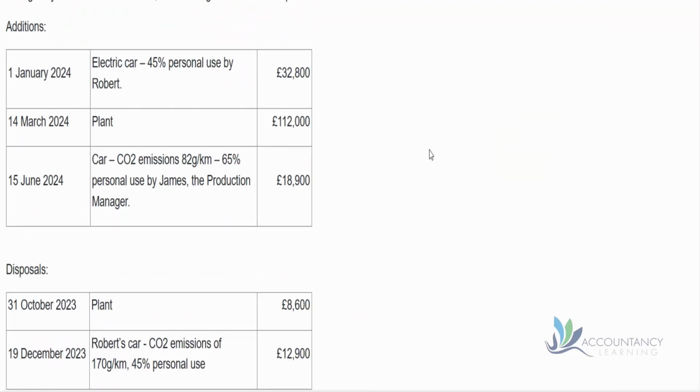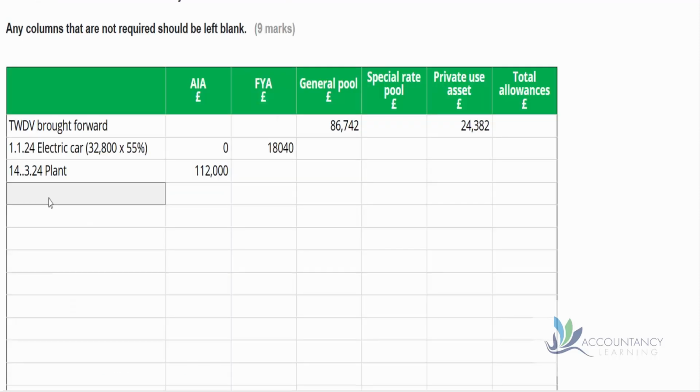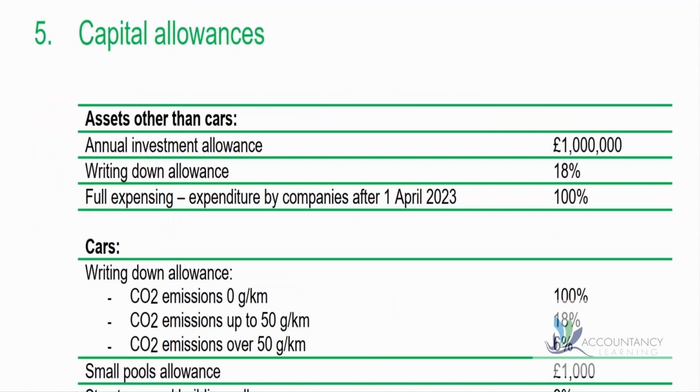And then on the 15th of June, we bought another car. It has carbon dioxide emissions of 82 grams per kilometre, but 65% is personal use by the production manager. So this is on the 15th of June, and we have the car. Here's the reference materials for business tax, and we're looking at section 5 on capital allowances. There's a bit of information here about cars. The amount of the writing down allowance depends on how many carbon dioxide emissions we have.